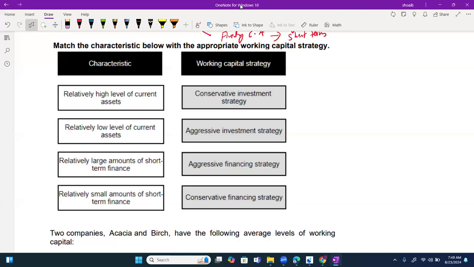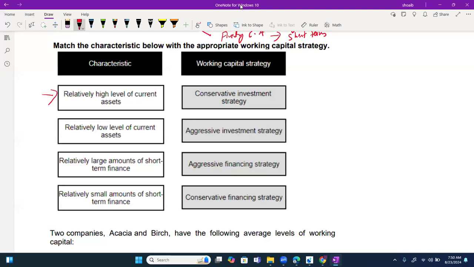Let's move to the next question. Match the characteristics below with the appropriate working capital strategy. Relatively high level of current assets. High level of current assets means you are not taking enough risk.